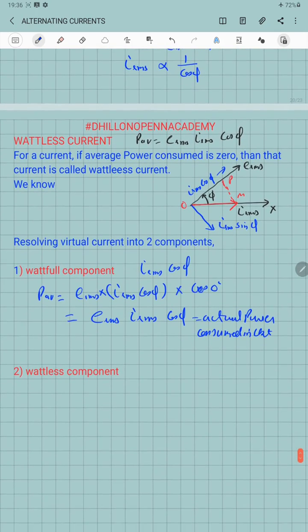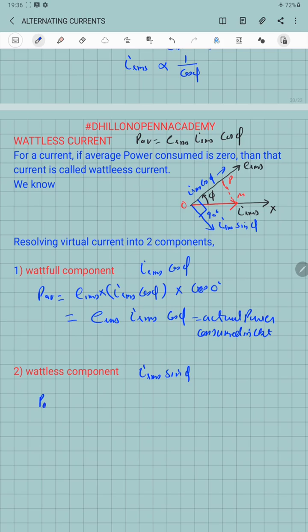But if we look at the second component, IRMS sin phi, we call this the wattless component because it is not responsible for any useful work done in the AC circuit. From the figure it is clear that this component is inclined at 90 degrees with respect to the virtual value of the voltage.